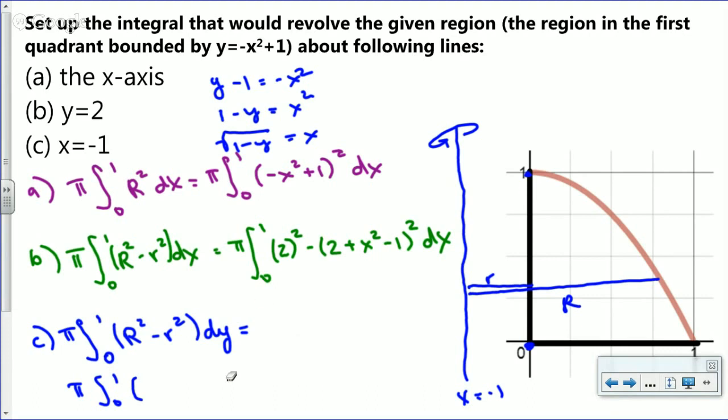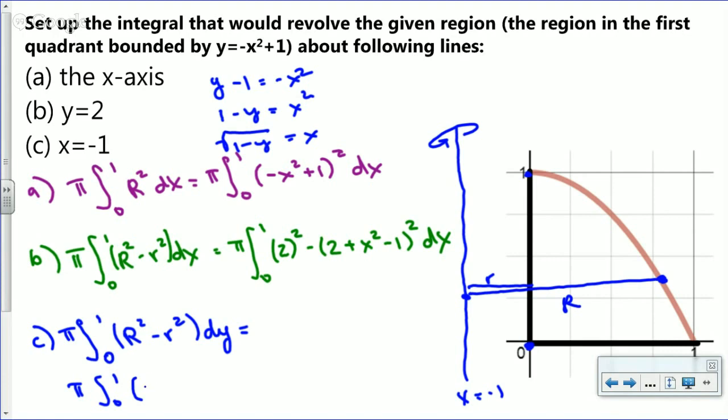Okay, so if I do right minus left now, the function minus negative 1, right? Because these are x values now in terms of y.